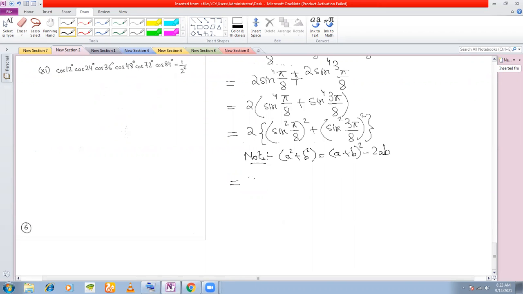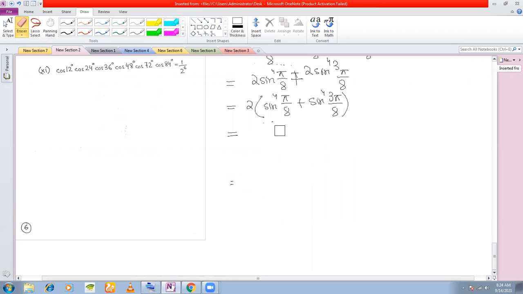So you write this as twice sine square. Now even before that, I think this 3 pi by 8 can be changed. Okay, so let's change this before doing this step. 3 pi by 8 can also be expressed in terms of pi by 8. So you have twice sine to the power of 4 pi by 8 plus sine to the power of 4.